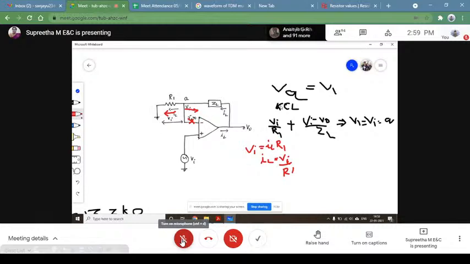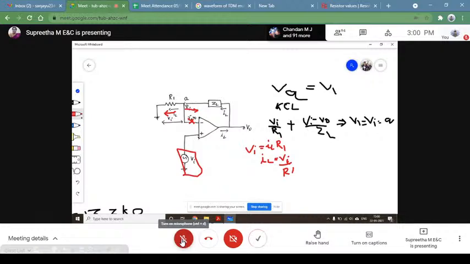So what is the significance here? This input source, whichever provides VI, should be capable of handling the current IL. Is it clear? This VI should be capable of handling the current IL. If you observe here, it is your simple non-inverting circuit with Vin being the input given to the non-inverting terminal.